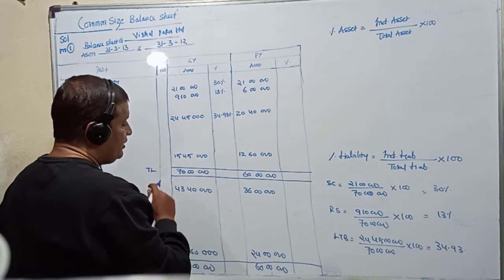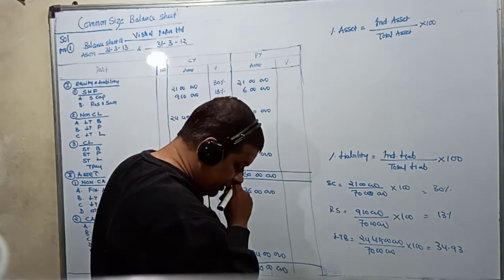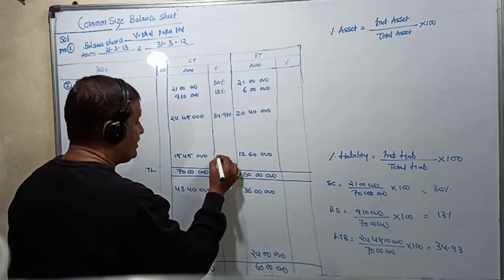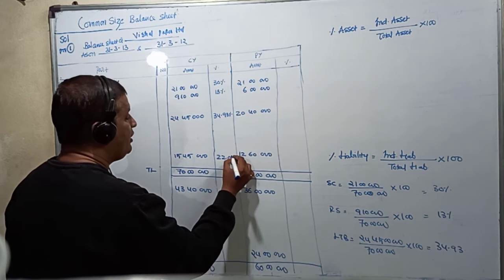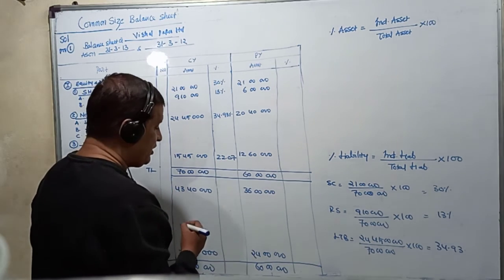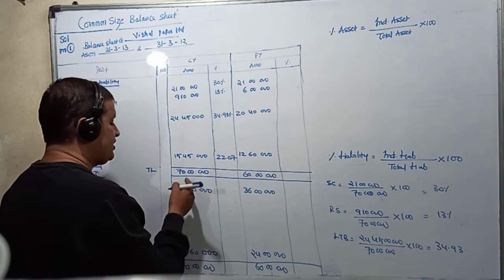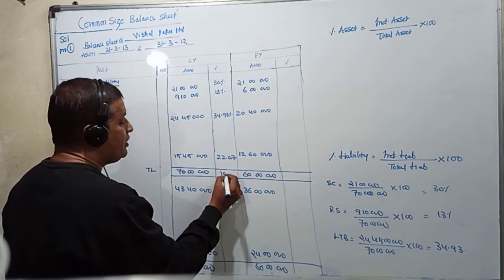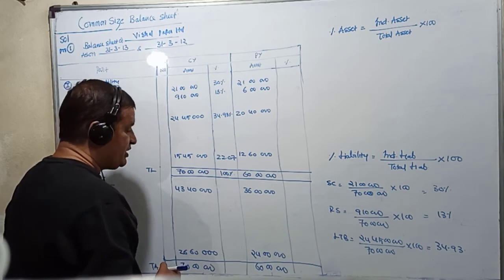For 15,45,000, it is 22.07%. Obviously the total, 70 by 70, would be 100%.